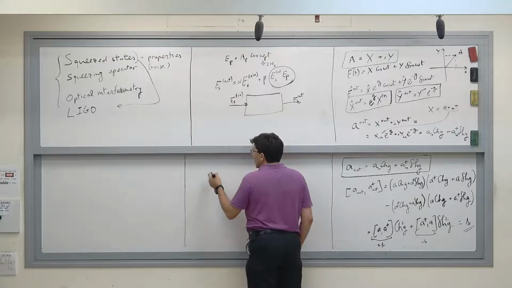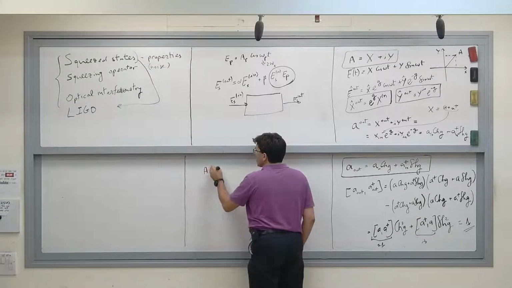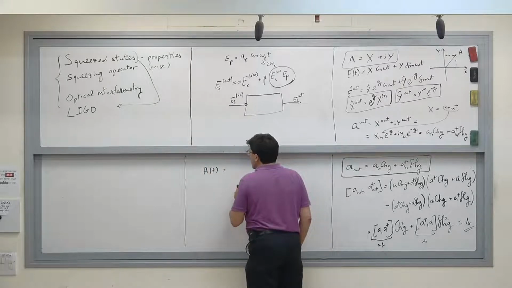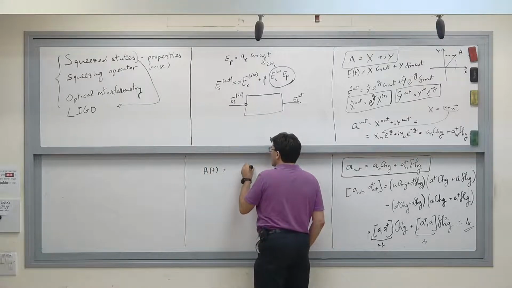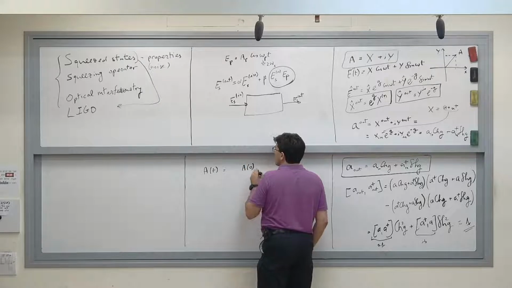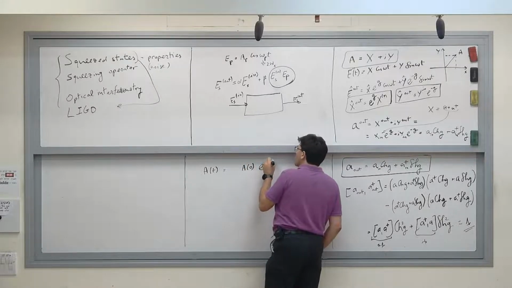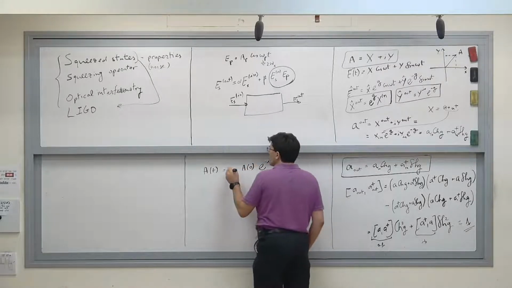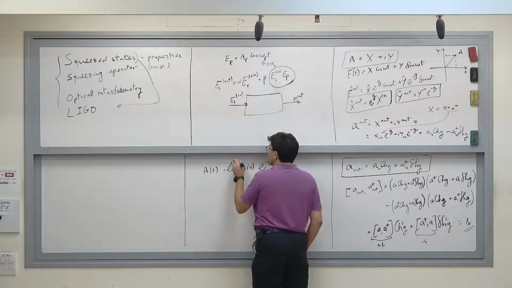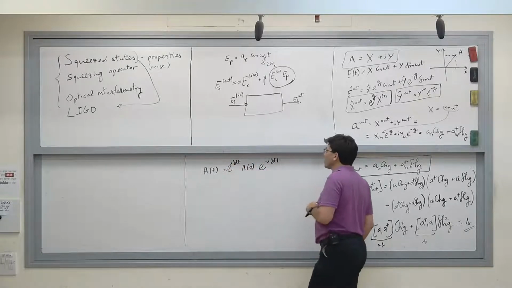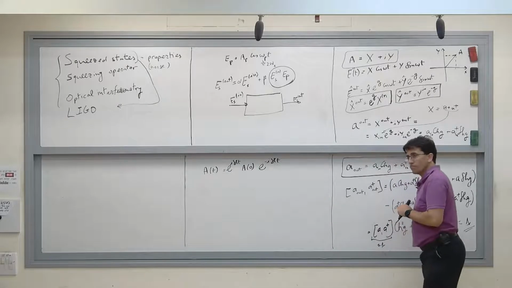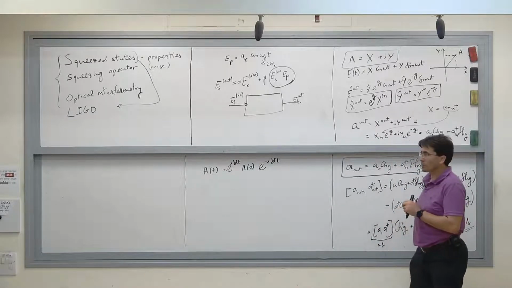And if I have an operator A at time t, it has a relation to the operator A at time 0, and it relates to it by this, e to the minus iHt into e to the iHt. Do you know this? Yeah, you've heard that before.